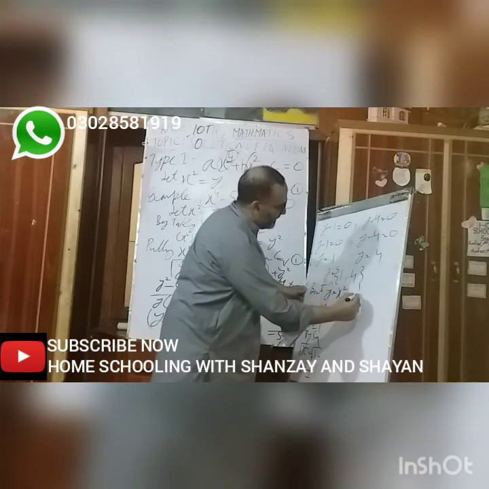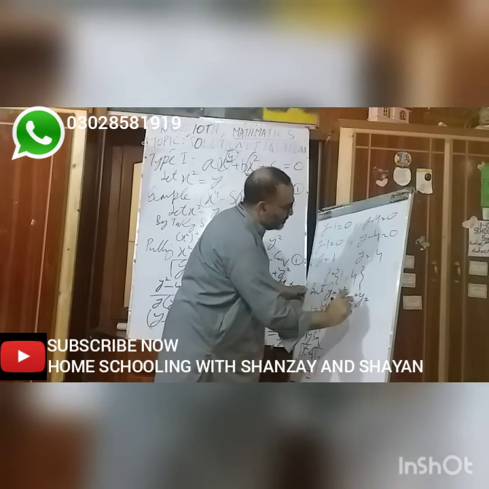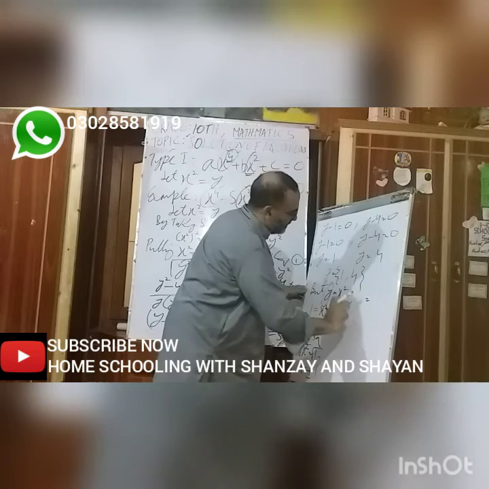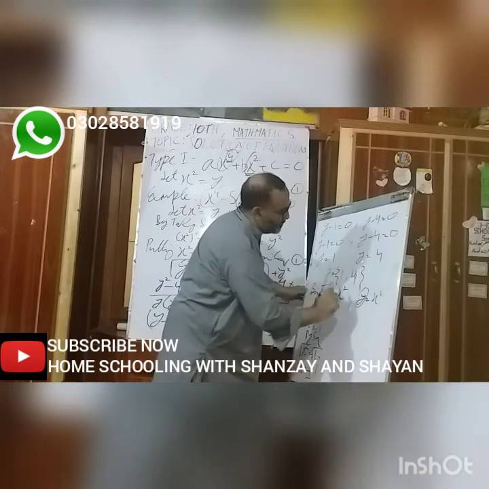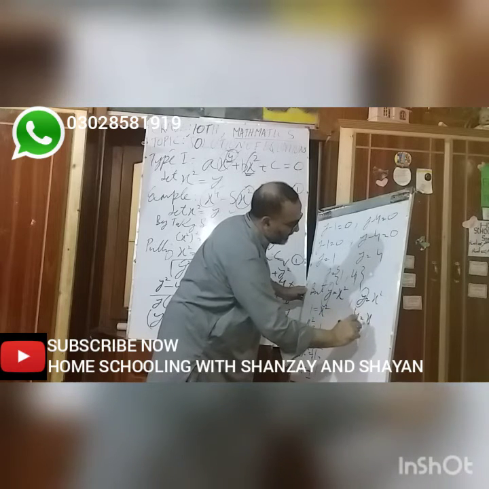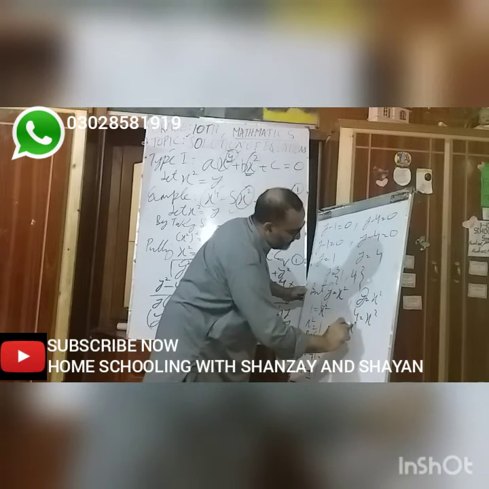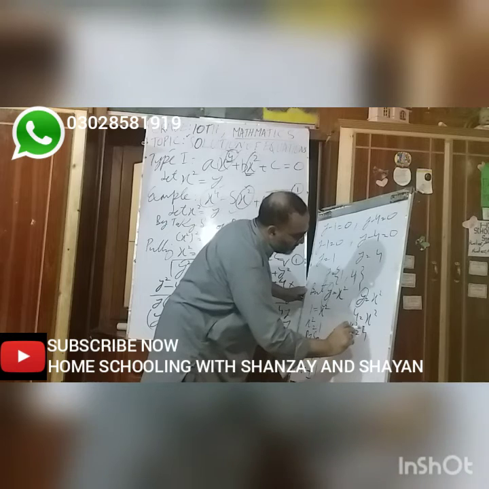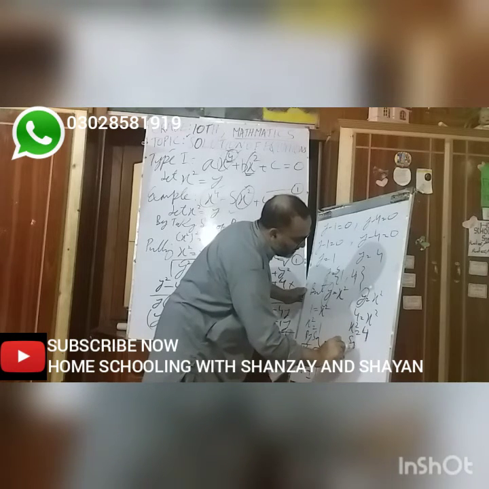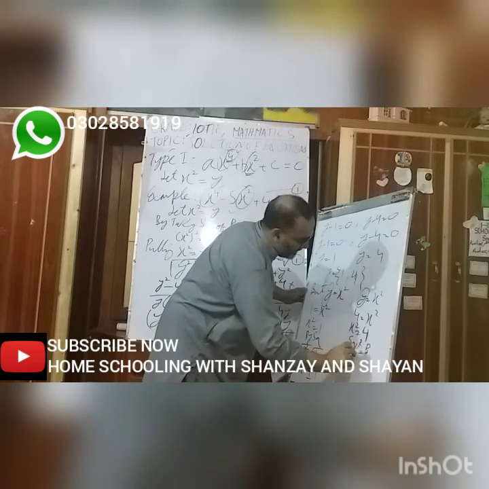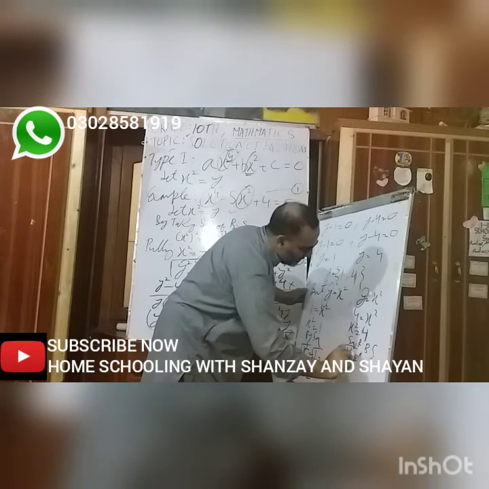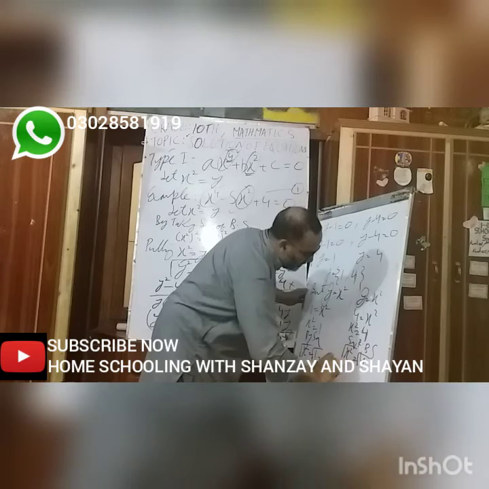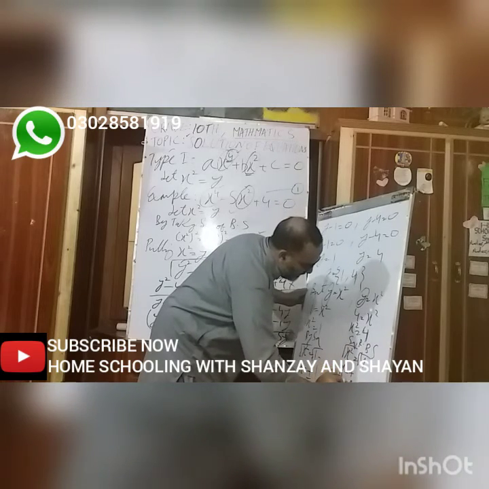And here y is equal to x^2, so now you will put the value 4: x^2 is equal to 4. By taking square root on both sides, x is equal to plus minus 2.